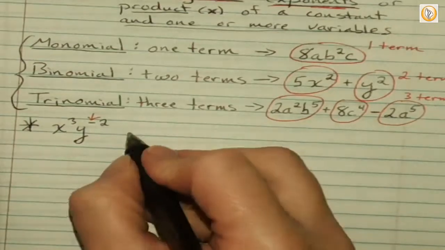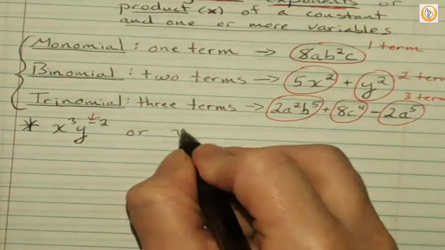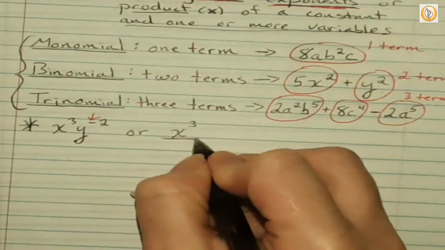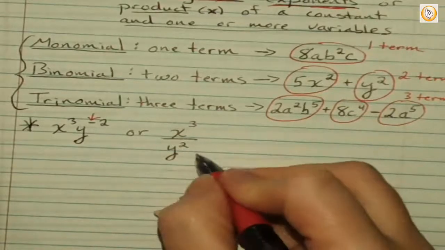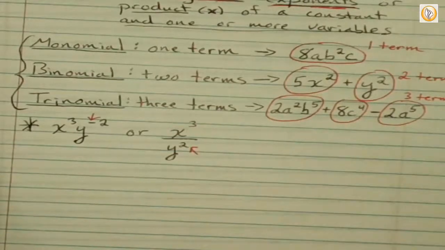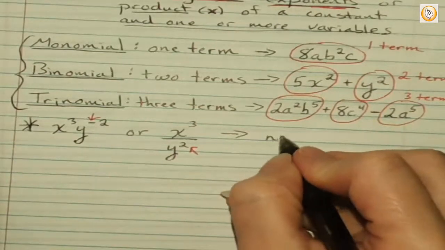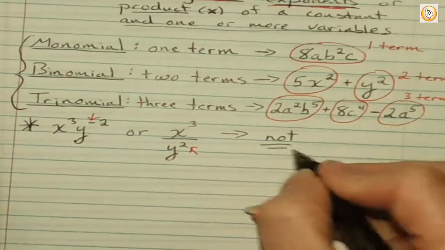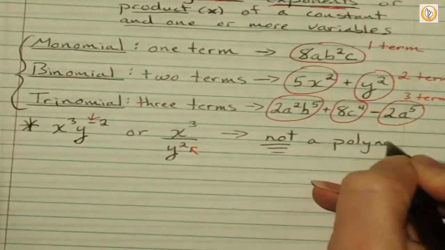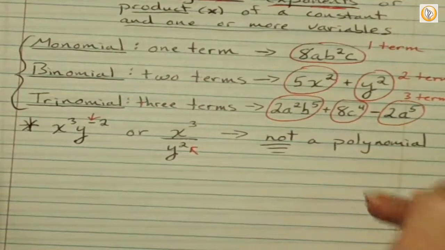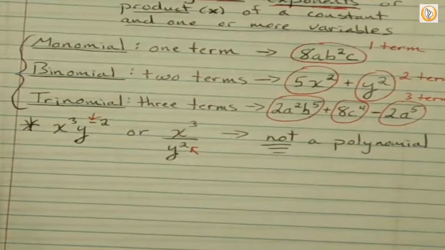No. Or see that exponent in the denominator? Both of those are examples of what is not a polynomial. Both of these are not polynomials.